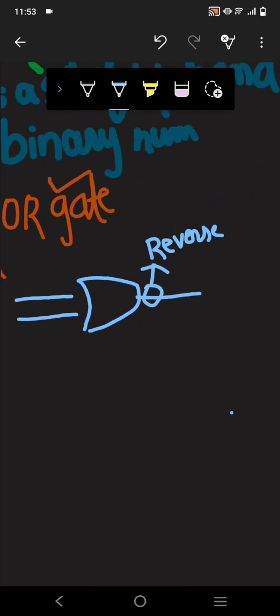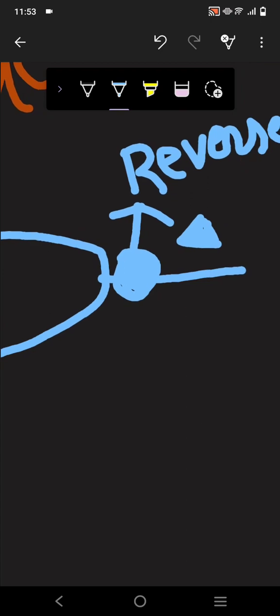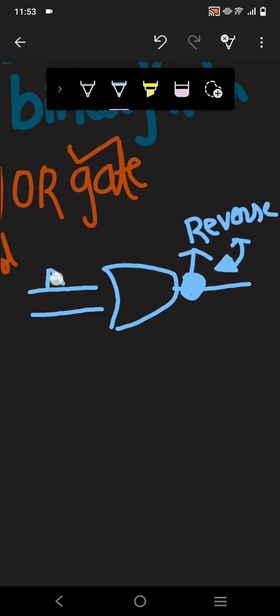In this diagram, this is not a 0, this is a ball, or you can make the diagram with a triangle. Both show that these are the reverse. We have placed A and B as inputs, and we are getting X, that is reciprocal or reverse.